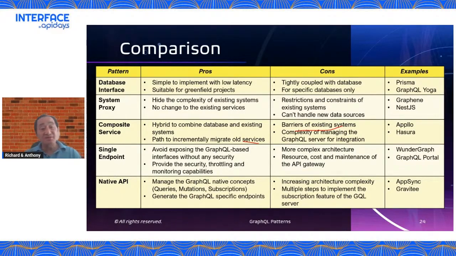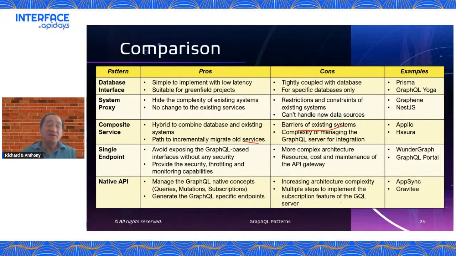The last one is the native API, as we mentioned. The good thing is literally provided all these GraphQL capabilities, like queries, mutation, subscriptions, to the consumer side or the client side. And it generated the specific endpoints for the consumption. On the other hand, the complexity is the max, right, among these 5 patterns. And also, if you want to implement the subscription feature, need multi-steps.